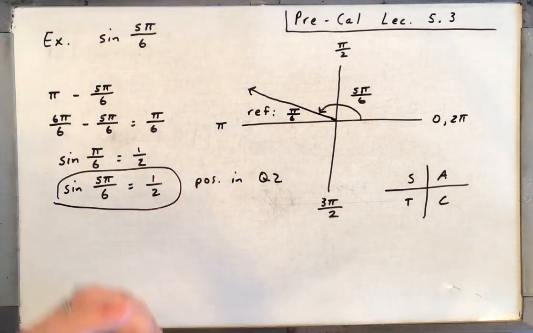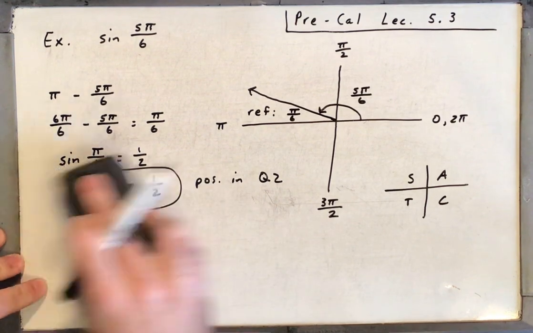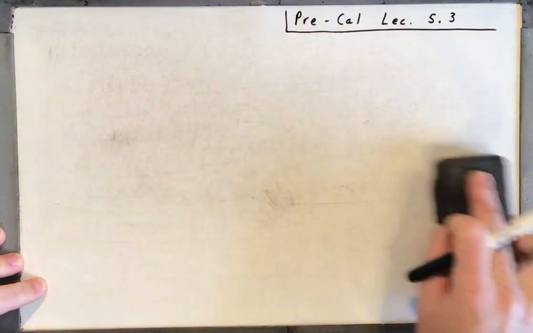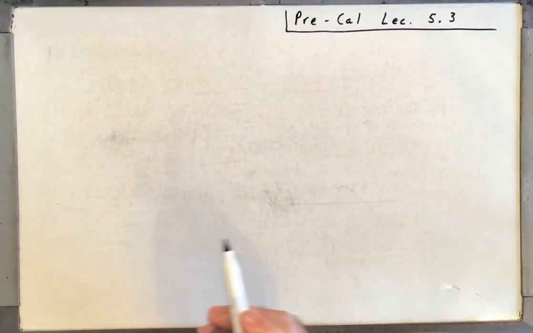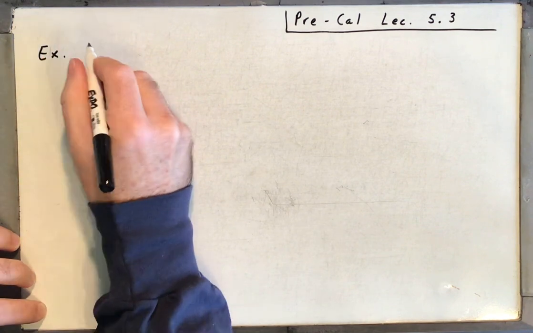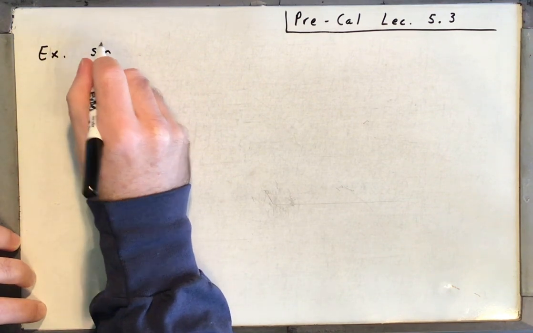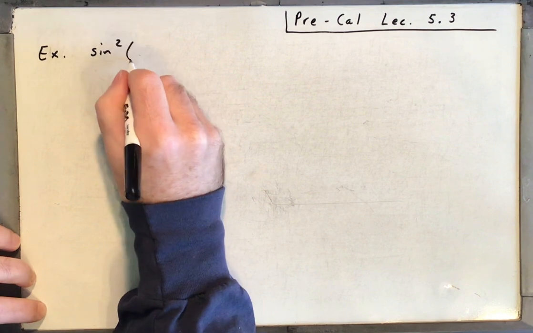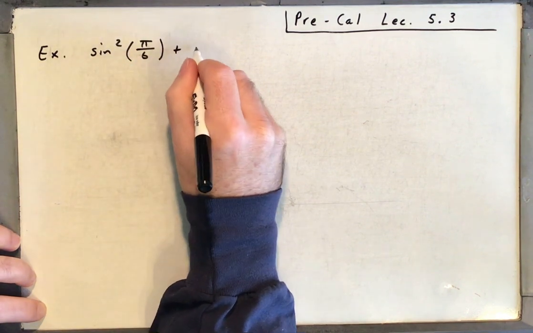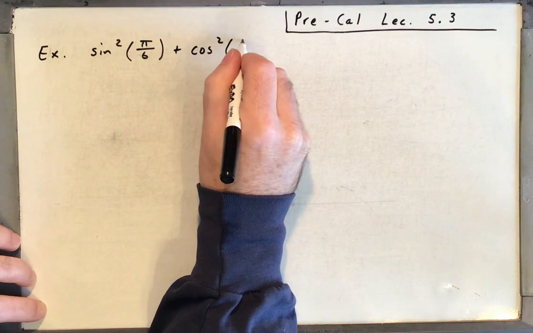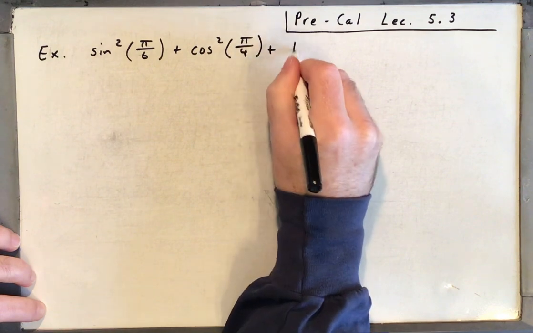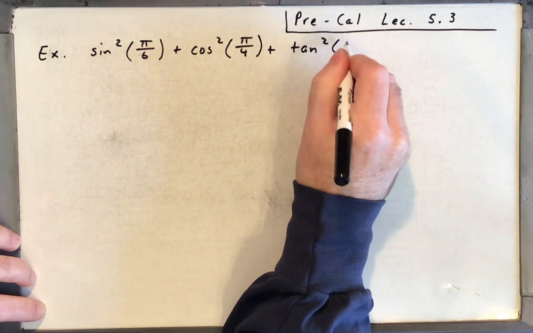All right, next one, a little bit different. We want to evaluate sine squared pi over 6 plus cosine squared pi over 4 plus tangent squared pi over 3.